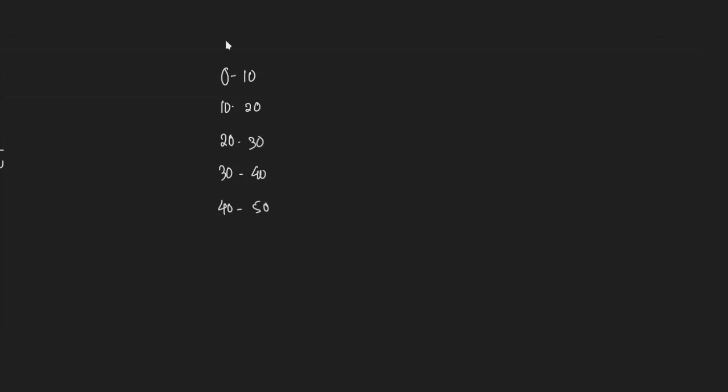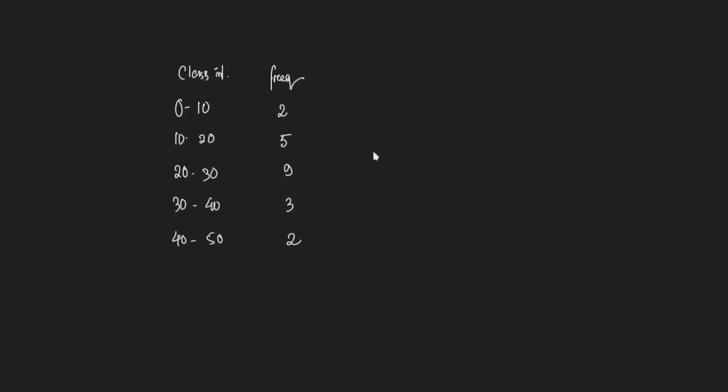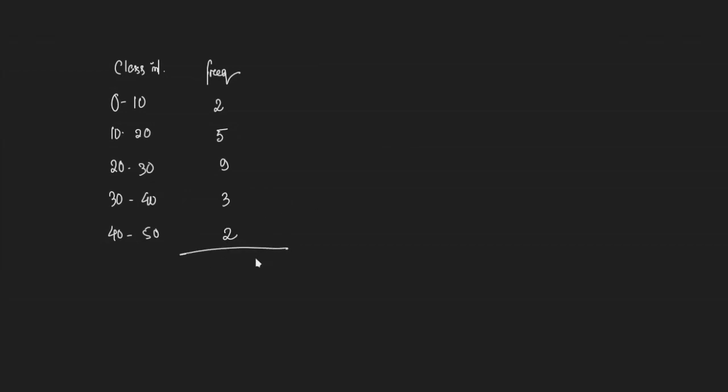These are class intervals, and these are frequencies: 2, 5, 9, 3, 2. Here, from the class intervals and frequencies, we have to find the median. First, calculate the total frequency n. So 2 plus 5 is 7, 7 plus 9 is 16, 16 plus 3 is 19, 19 plus 2 is 21.